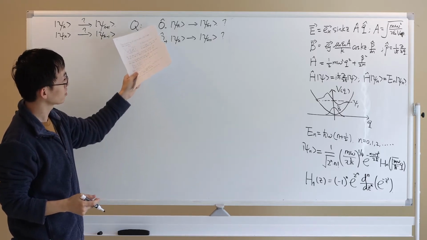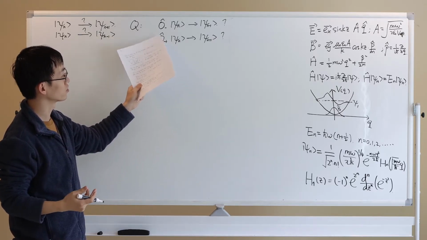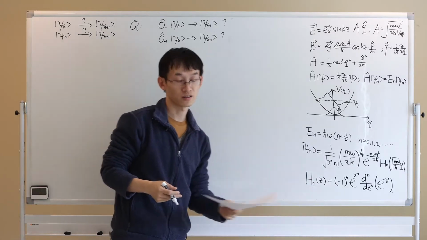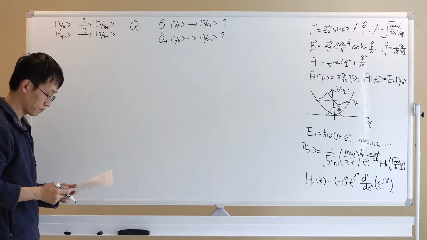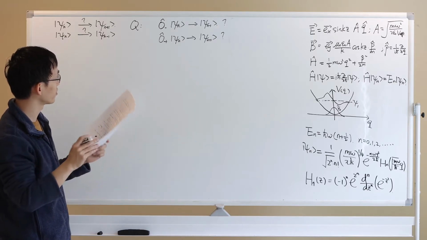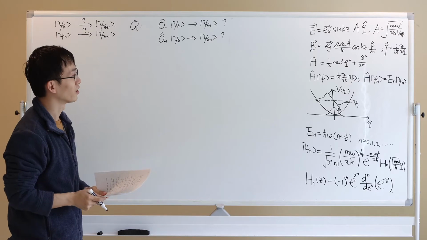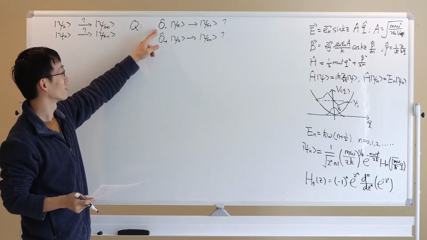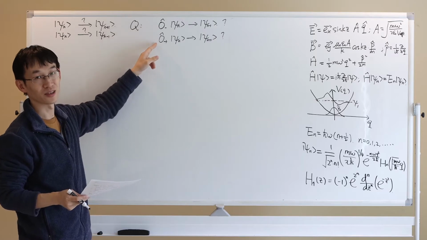And if they exist and they're relatively easy to use, then you don't have to go through all this mathematics, okay? Ideally, you would think there might be some relation between the annihilation and creation operator.